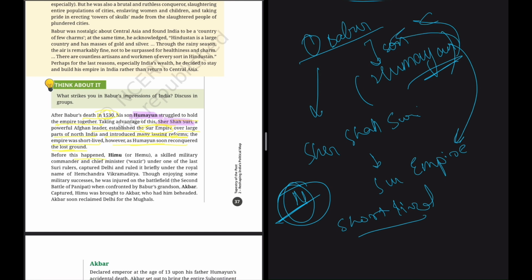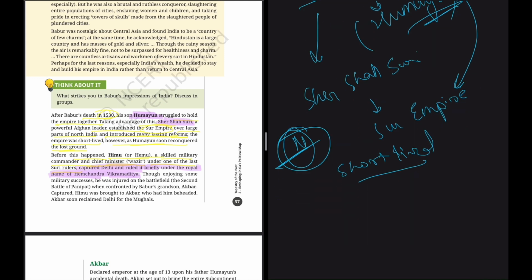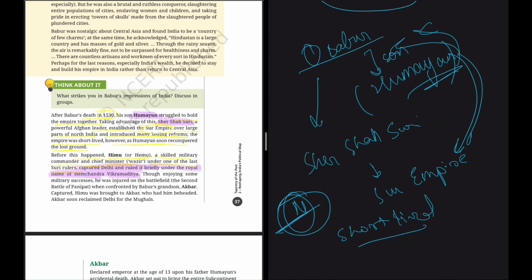And before this happened, Hemu, a skilled military commander and chief minister, Wazir, under one of the last Suri leaders, captured Delhi and ruled it briefly under the royal name of Hemachandra Vikramaditya. So before Humayun could take back the lost ground, there was a person called Hemu, a skilled military commander and chief minister under one of the Suri leaders.